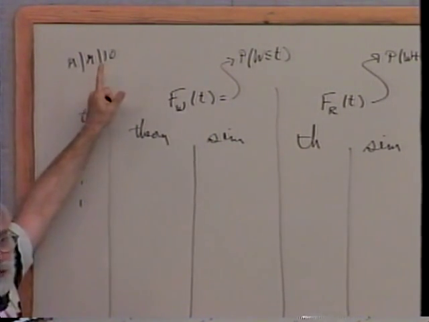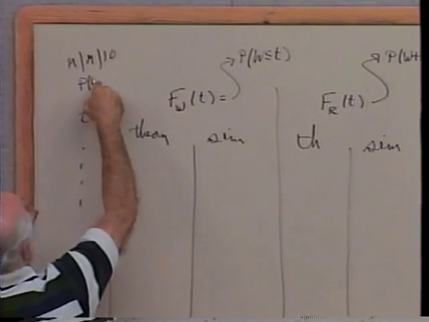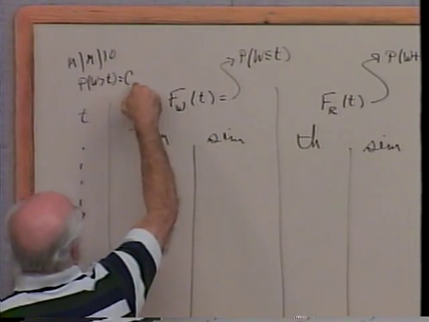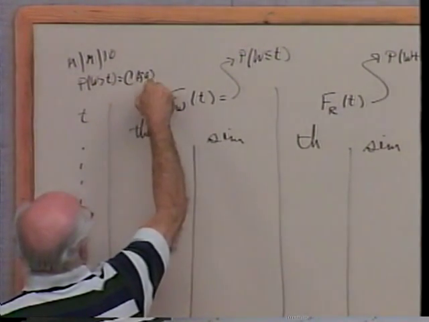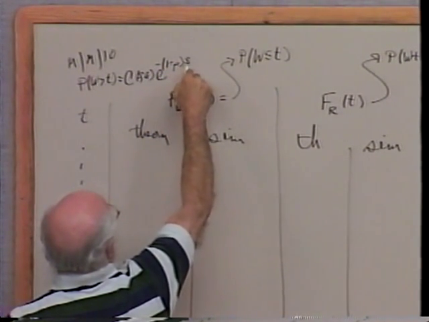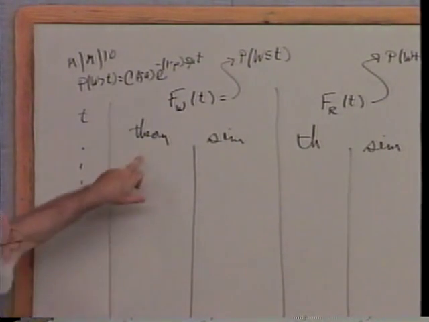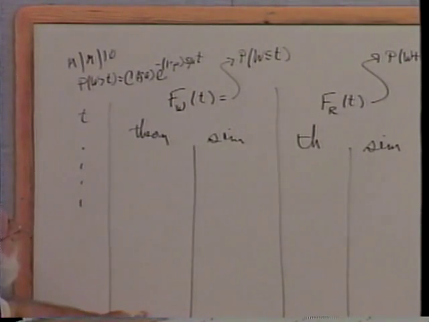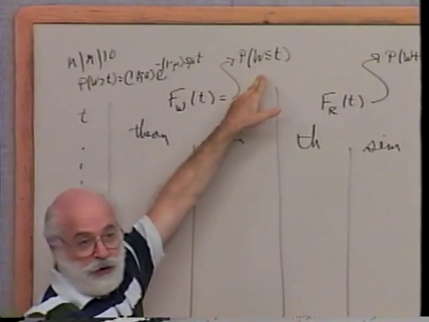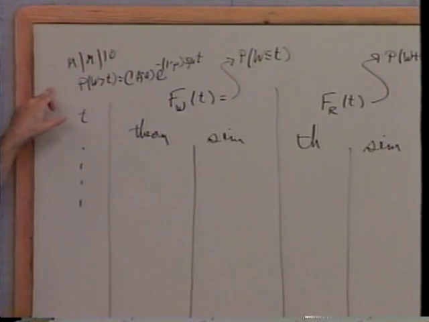So that means, because we derived in class, that the probability that the waiting time is greater than T is equal to the Erlang C value times e to the minus (1 minus rho) S mu T. That's the general formula. So that's going to allow us to calculate the theory here, except that this is greater than, and this is less than or equal to. So the column here is 1 minus the values you compute here.